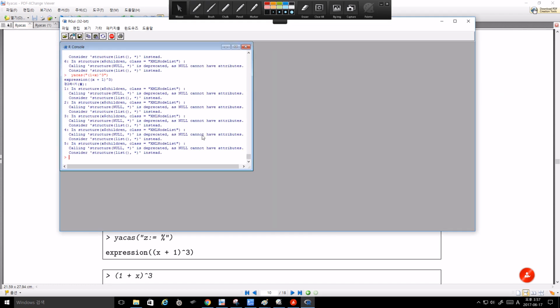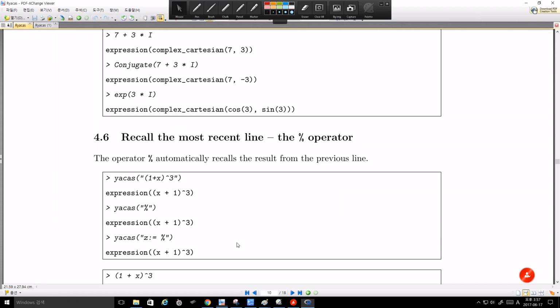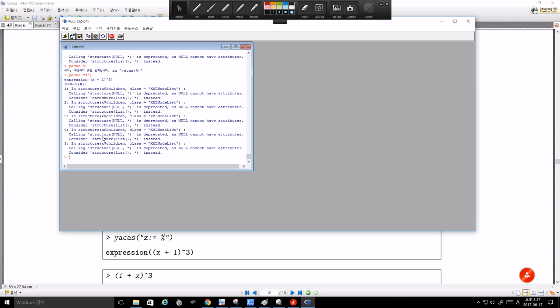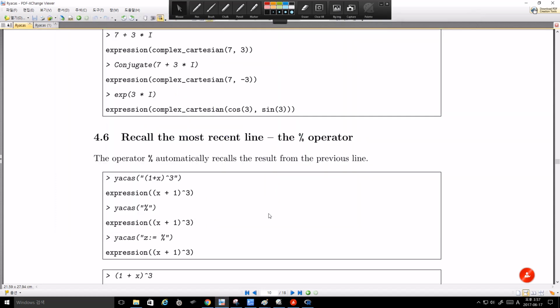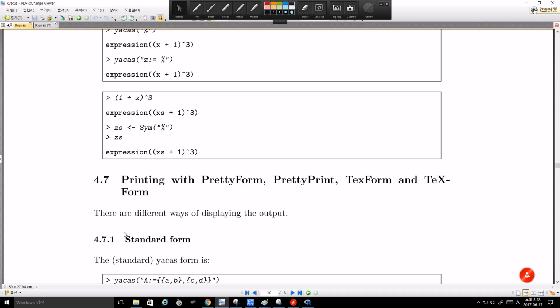If you simply yacas double quotation percent, it does the most recent operation again. It records the most recent line, the percent operator. Okay, so you can skip it.